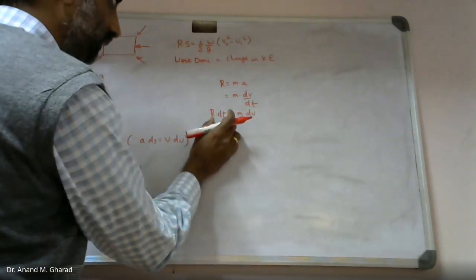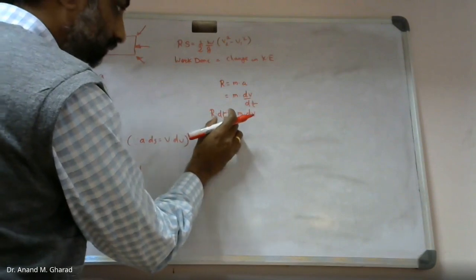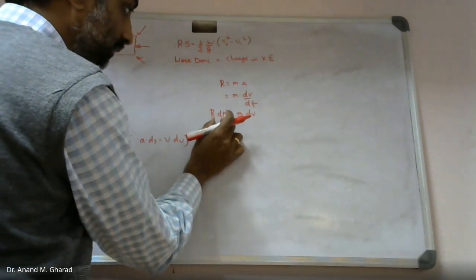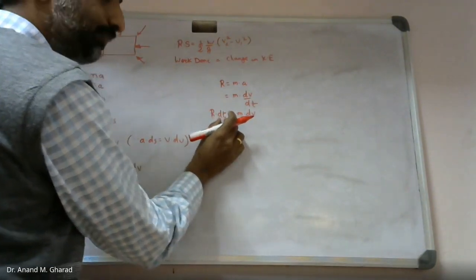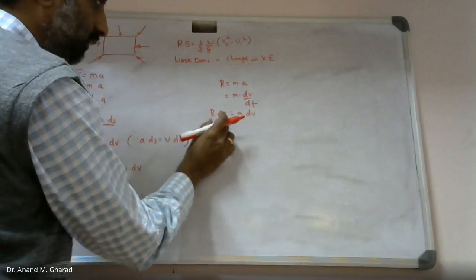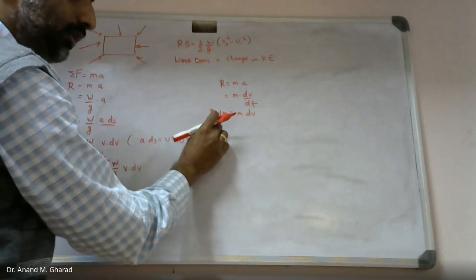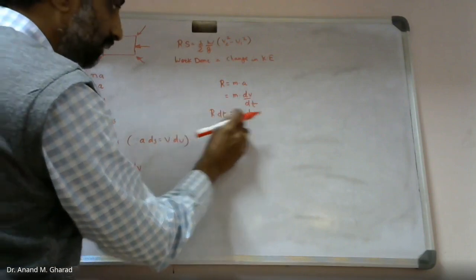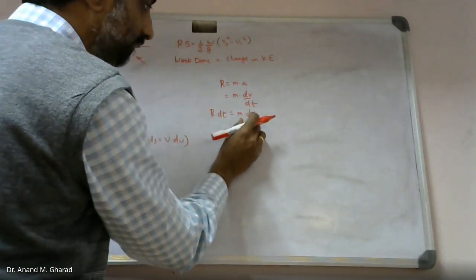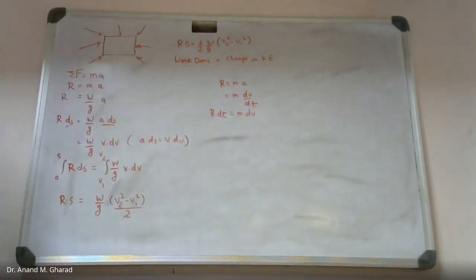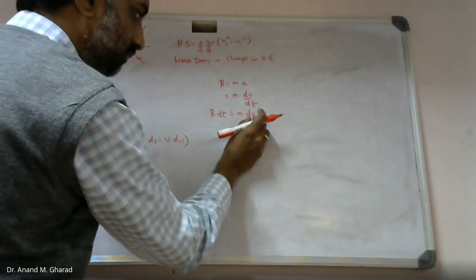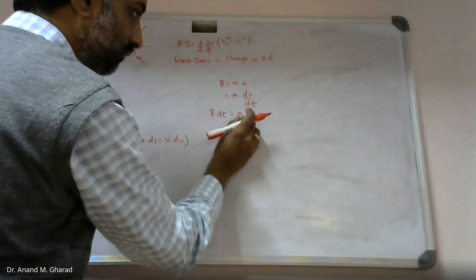Now you can see over here, for a small duration, this is time. For a small duration, if the resultant of the forces is acting on the rigid body, on the right hand side, what do we get? M into dv. Okay, that means this is small velocity into mass.